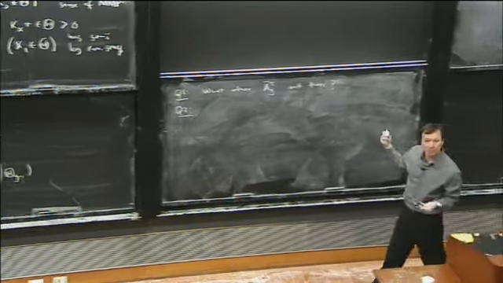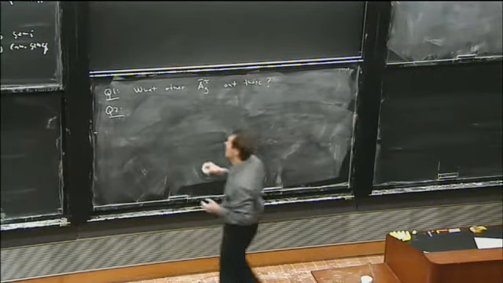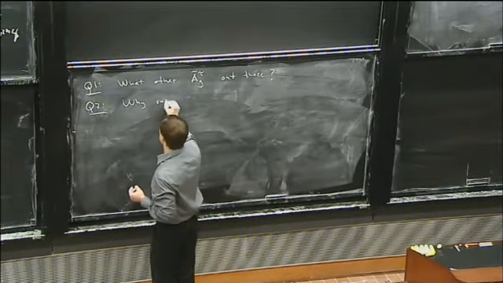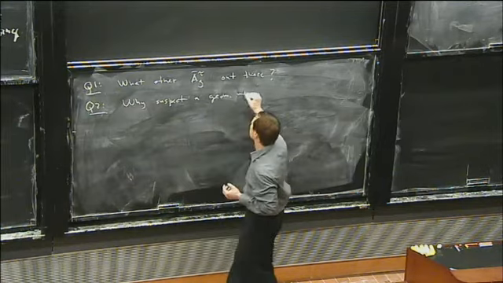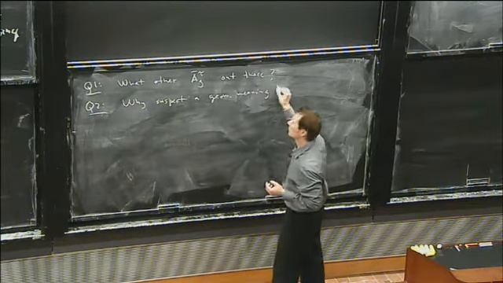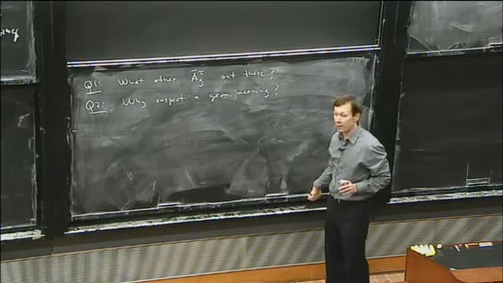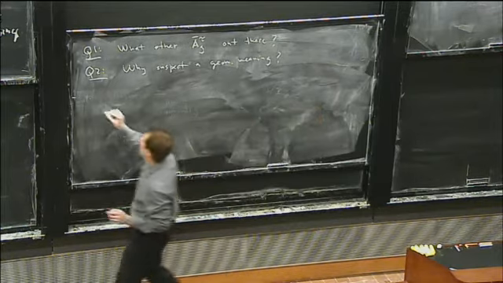What are some interesting ones that one can look at? And secondly, why suspect a geometric meaning for them? And let me start with answering the first question. So answer 1.